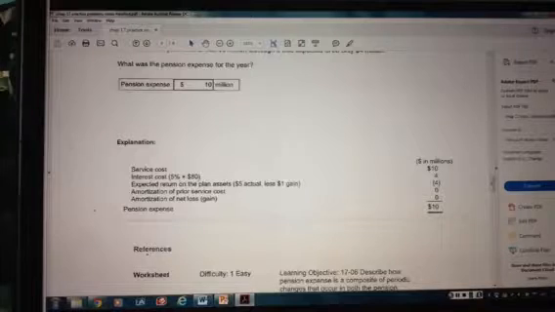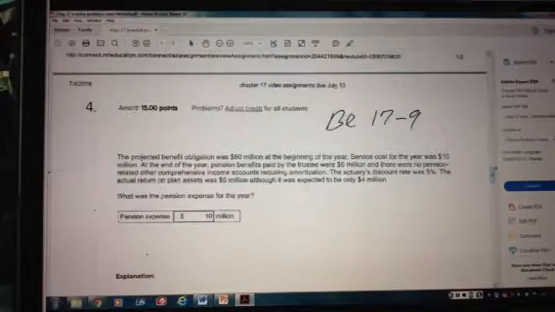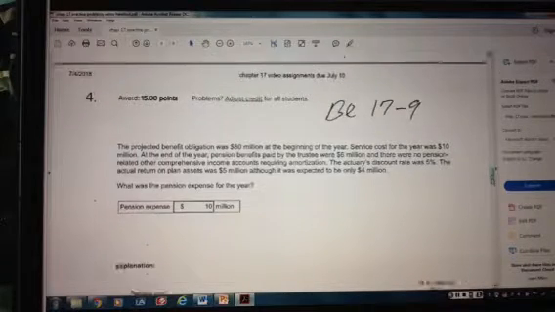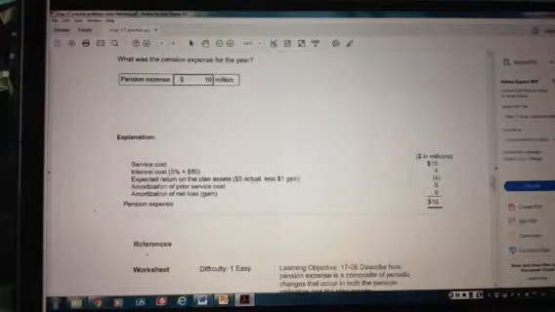You take the beginning PBO, the $80 million was the beginning projected benefit obligation, it says here in the first line, and they told us that the actuary's discount rate, if you look at the third line, was 5%. So if you take the beginning PBO times the discount rate, you get the interest cost of $4 million.